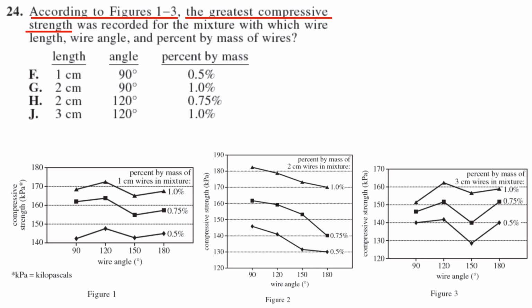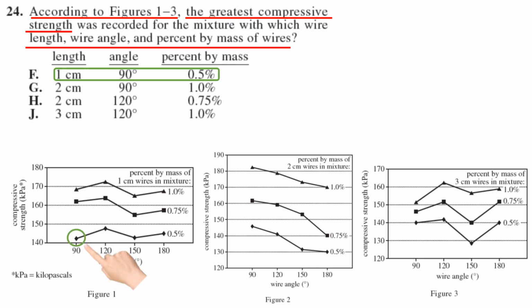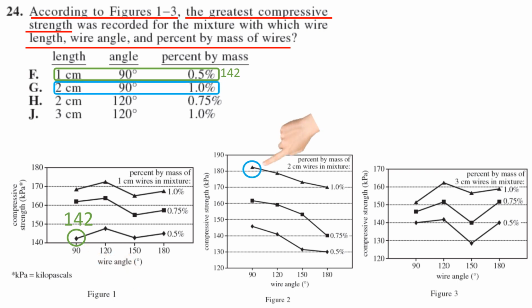Number 24, according to figures 1 to 3, we're looking for the greatest compressive strength that was recorded for a mixture with which of the following wire lengths, angles, and percent by mass. So let's just break them down. So the first one we have a length of 1 centimeter, an angle of 90 degrees, and a 0.5% mass. So there's that spot. Double check to make sure you're in the right place. That's about 142. The second one, 2 centimeters, 90 degrees, 1%.